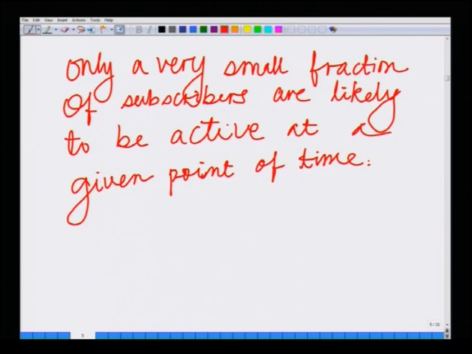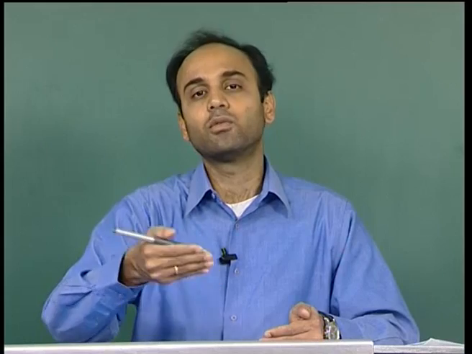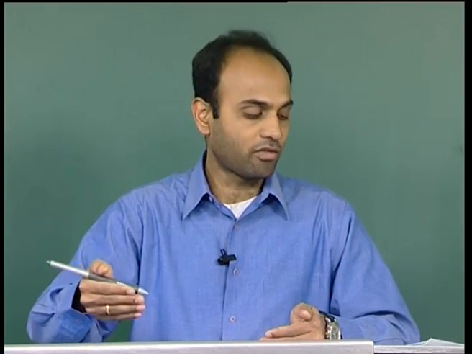Alright, so only a very small fraction of these users are likely to be active at any given point of time. Hence, what that means is practically very few channels are necessary. If there are n users, you do not need n channels to cater to the demands of these n users, you need only a very few channels to actually meet the demand, because only a fraction of these n users are active at any given point of time.